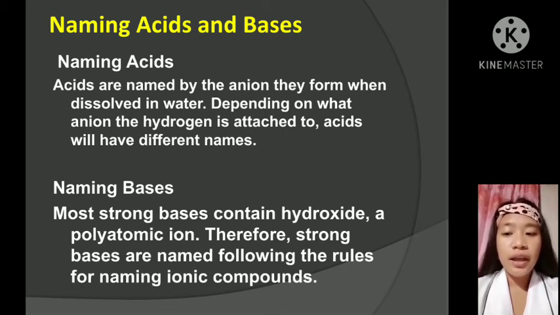Depending on what anion the hydrogen is attached to, the acids will have different names. Naming bases. Most strong bases contain hydroxide, a polyatomic ion. Therefore, strong bases are named following the rules for naming ionic compounds.